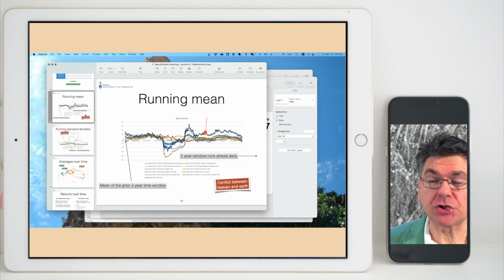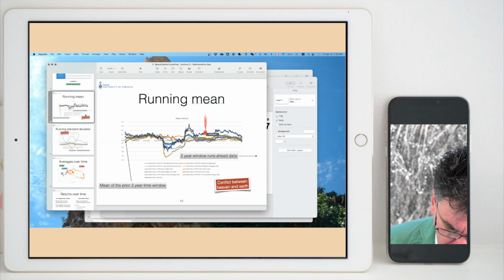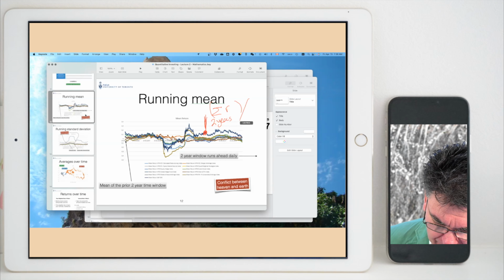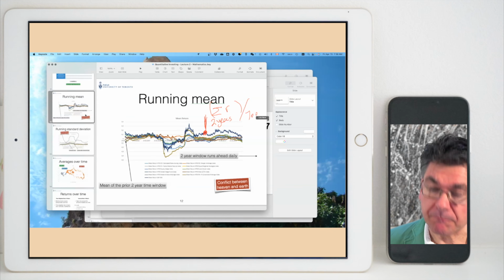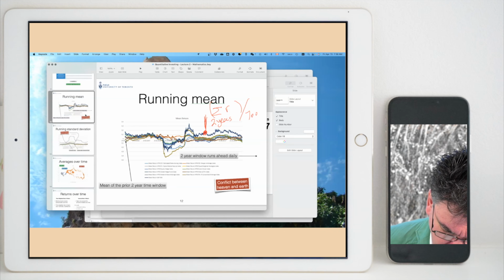The time series is not here. Here is only the mean. So this number here corresponds to the sum of some values for 2 years. And it's an average. So all of this is divided by, if it's 2 years, about 700 or so. That's what this number is.